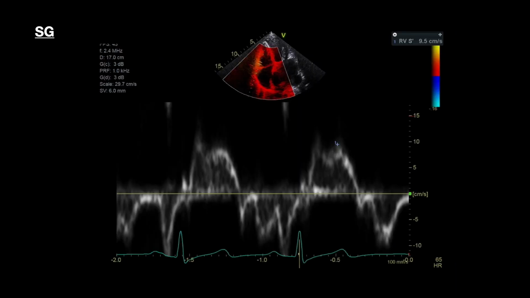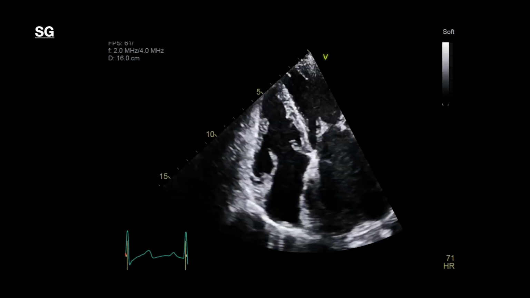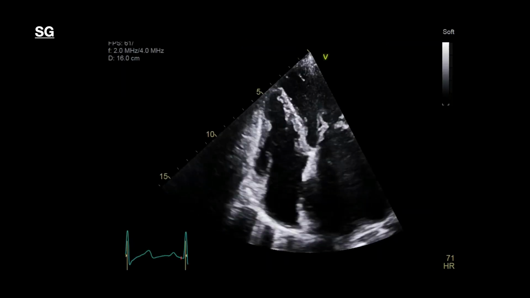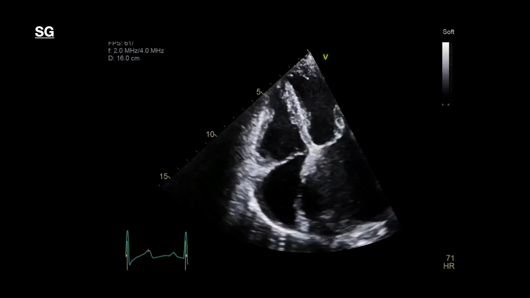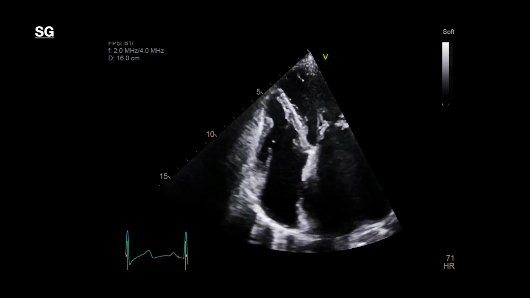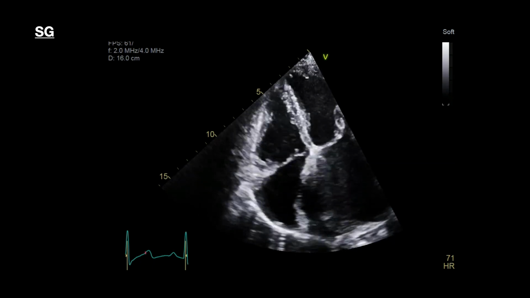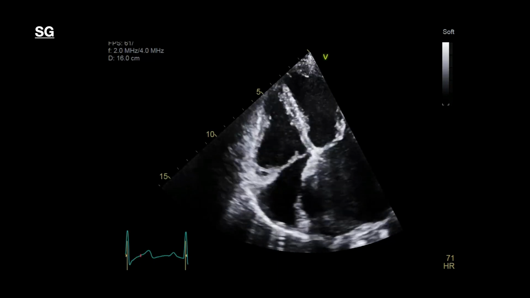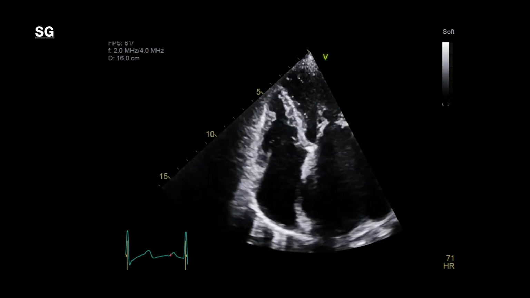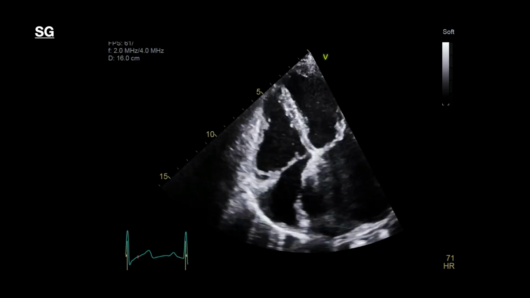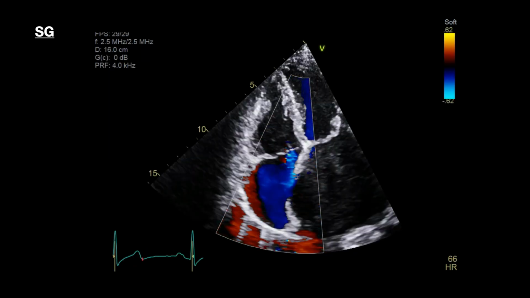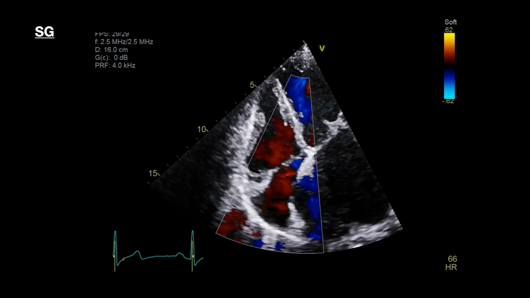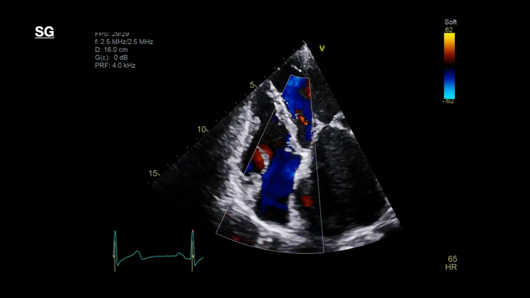RV S prime, 9.5, very, very slightly reduced, which I think is consistent with the visual appearance, that the RV function doesn't look significantly depressed. And again, colour over the tricuspid valve there, looking for that TR.